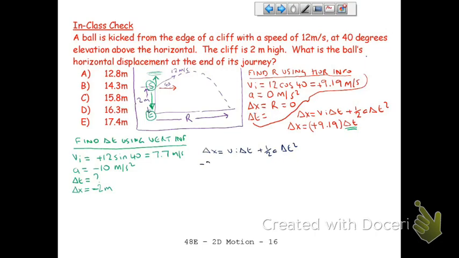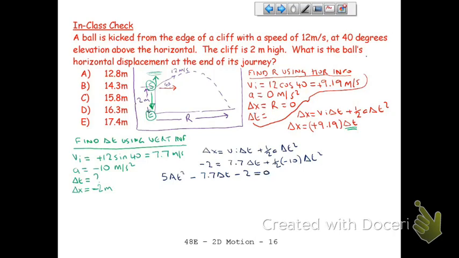So -2 is equal to 7.7 delta t plus 1/2 times -10 times delta t squared. So 5 delta t squared minus 7.7 delta t minus 2 equals 0.